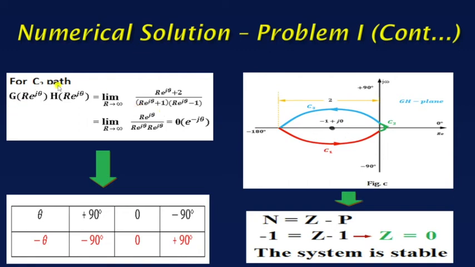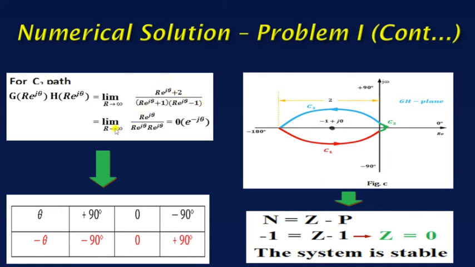Then calculate the C2 path. Put S equal to R e to the power j theta and the limit R tends to infinity. So this results in R e to the power j theta plus 2 divided by R e to the power j theta plus 1 into R e to the power j theta minus 1.